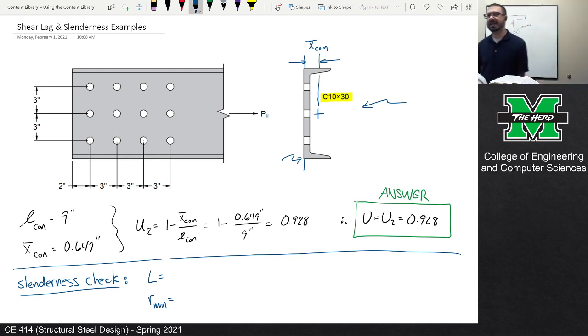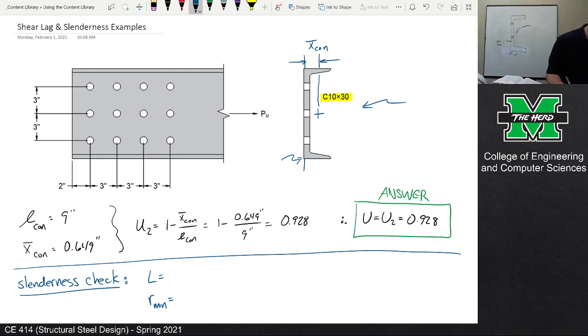So we're looking up a C10 by 30. What is the minimum R value? This is symmetric, so you aren't going to find an RZ. It's either going to be Rx or Ry. Ry. And it's 0.668 inches.